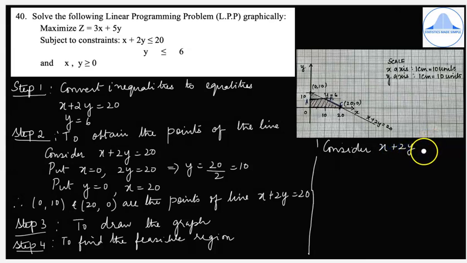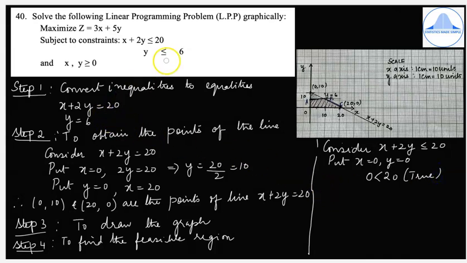Rather, we take into consideration the inequality, that is x plus 2y is less than or equal to 20. And in this, you have to put x equal to 0 and y equal to 0. So when we put x and y both as 0, on the left hand side we get 0. On the right hand side, we have 20. Next, you check whether 0 is less than 20. So 0 is less than 20, which is true.